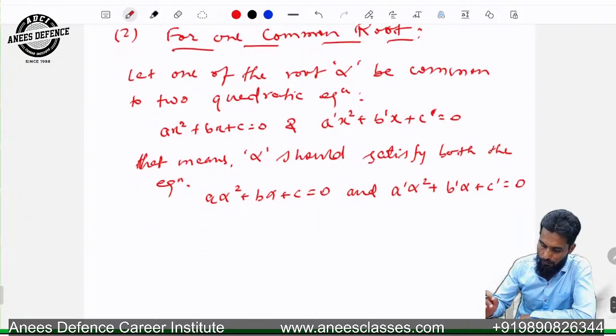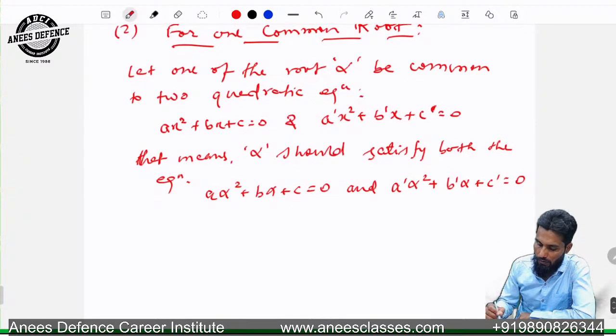Now, after putting that alpha value in the given quadratic equations, how are we going to solve these two quadratic equations? We can use the Cramer's rule concept here. Cramer's rule is what we use in matrices to solve equations to find the values of x, y, and z. The same concept will be applied here.